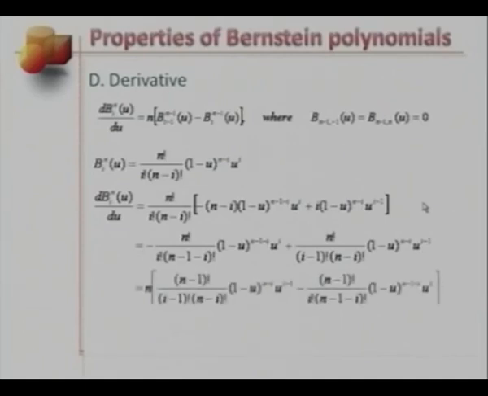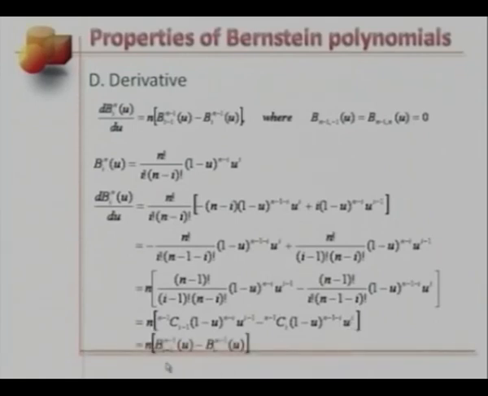A little bit of work will lead us to common factor n that multiplies (n minus 1 choose i minus 1) times (1 minus u) raised to n minus i times u raised to i minus 1, minus (n minus 1 choose i) times (1 minus u) raised to n minus i minus 1 times u raised to i.